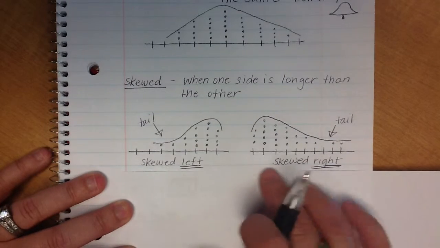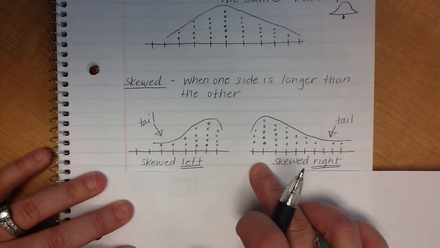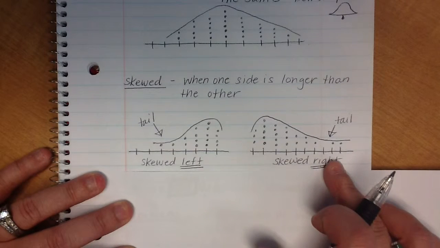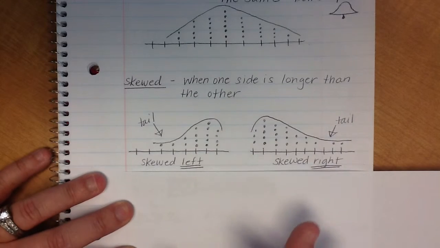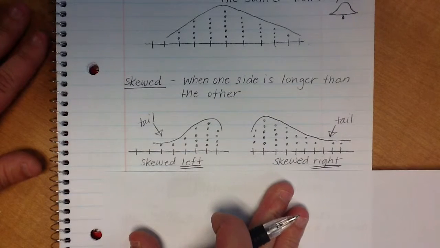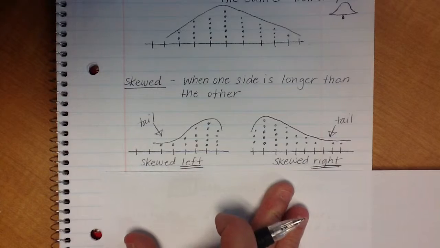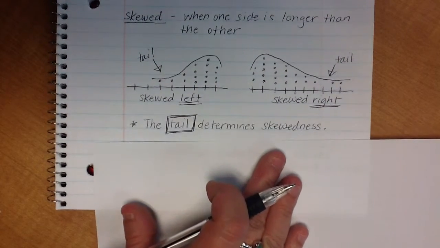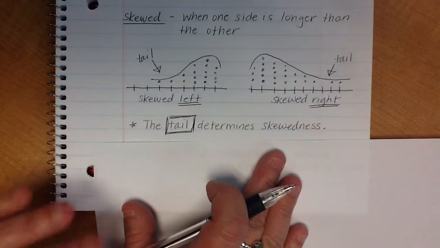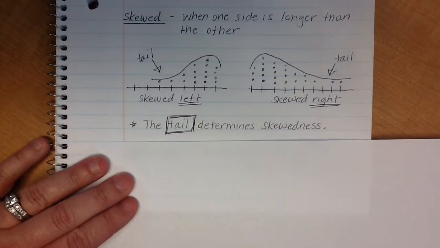And that just means that more students have fewer number of pets than more pets. Fewer students have greater number of pets. So that's skewedness, another way that you can describe the shape of the data. The tail determines skewedness. It's all about the tail.